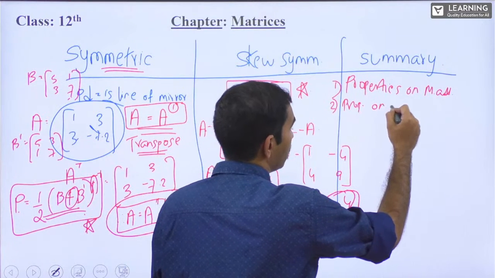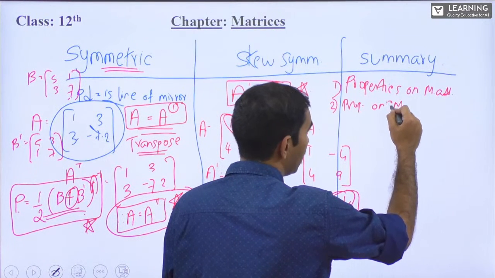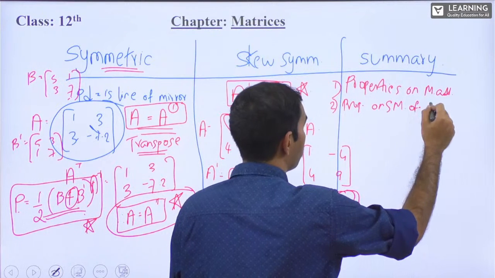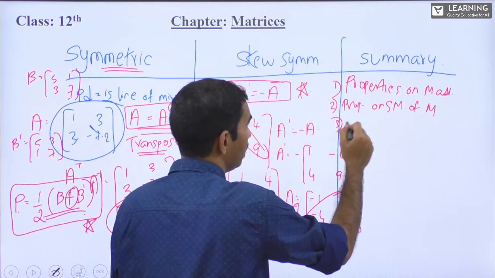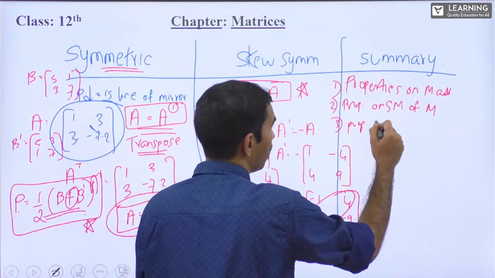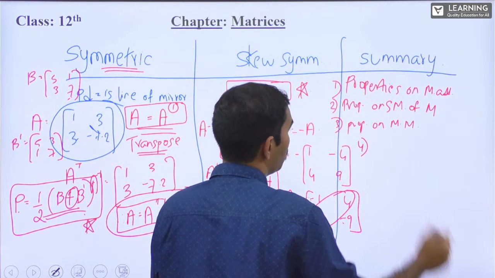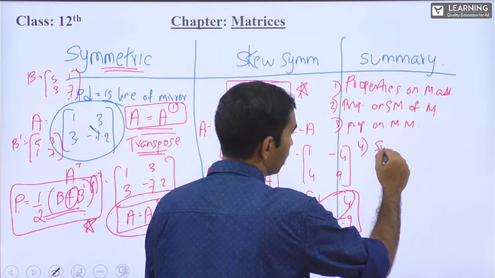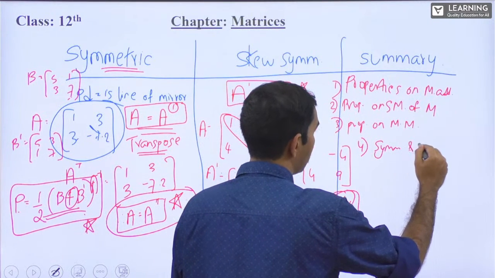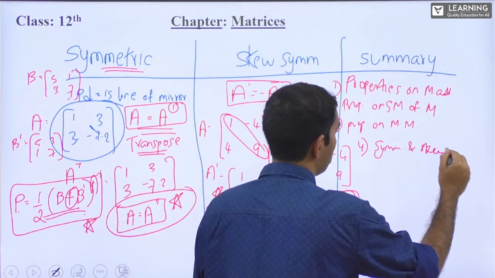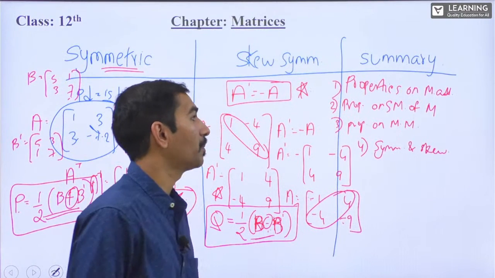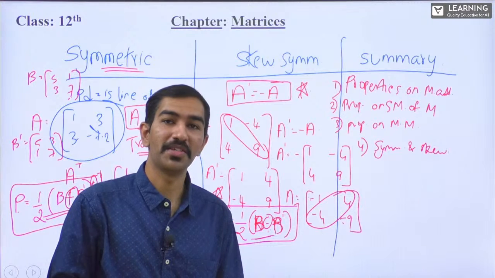Properties on scalar multiplication of matrix. Third, we saw properties on matrix multiplication. Fourth, we saw symmetric and skew symmetric matrix.